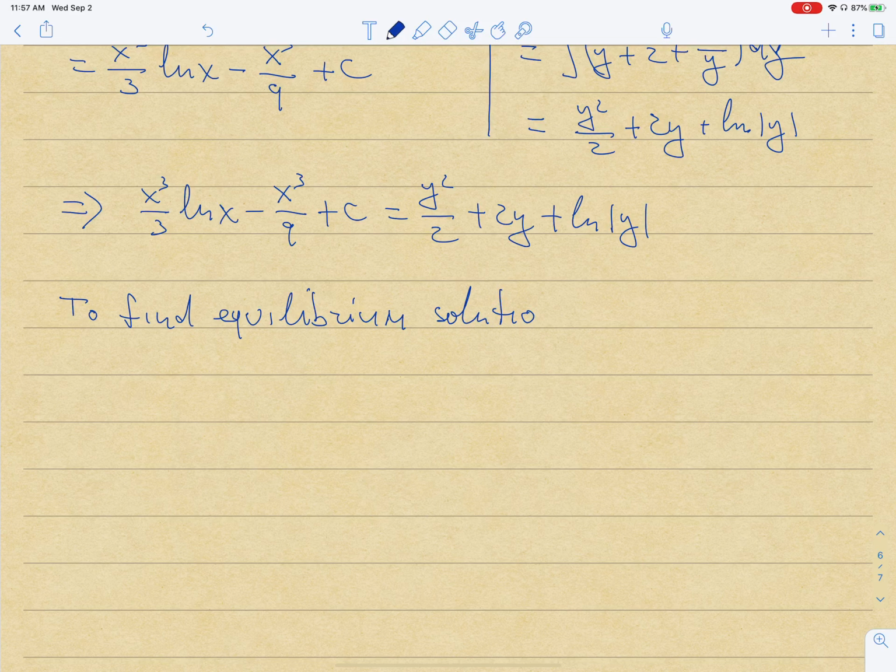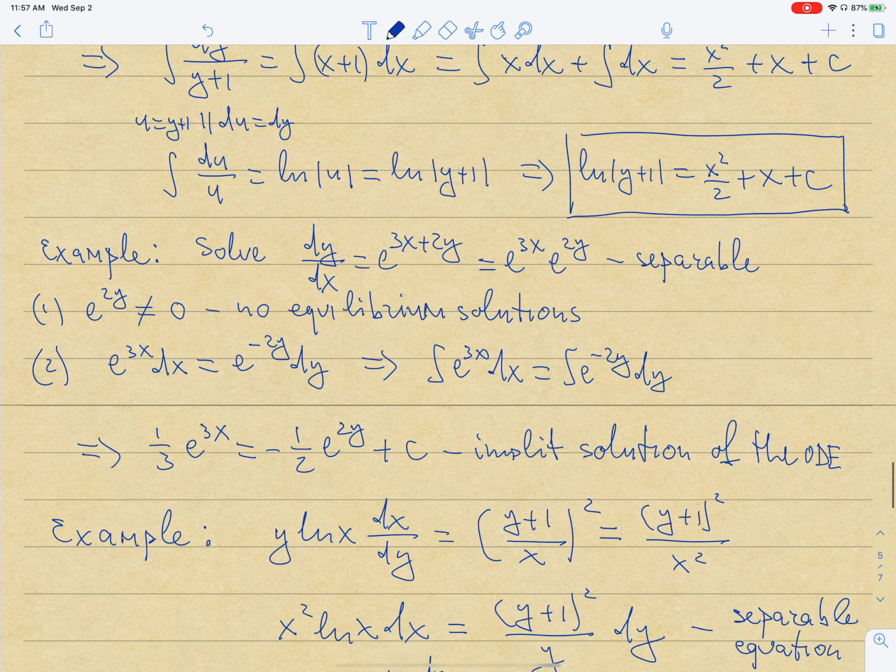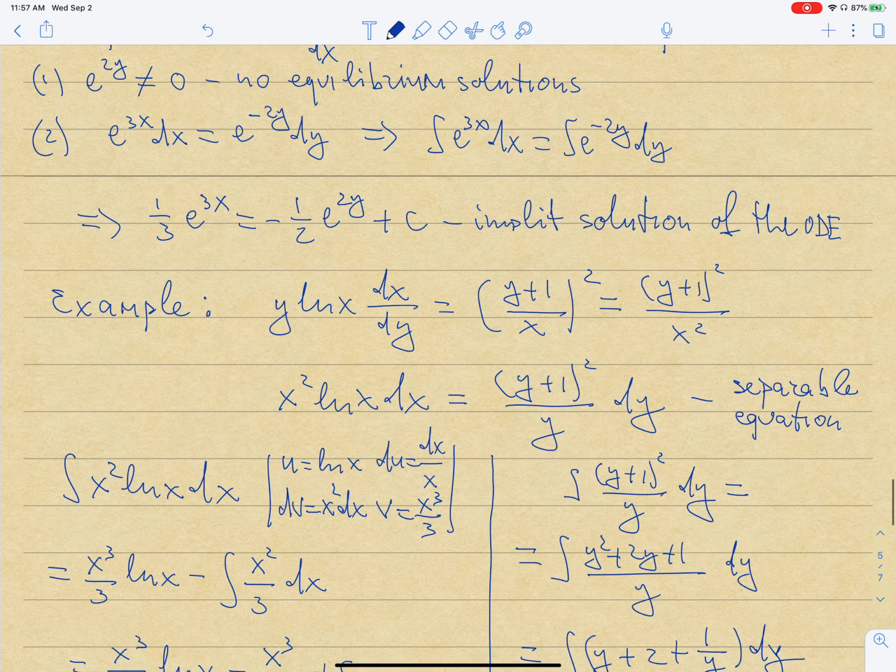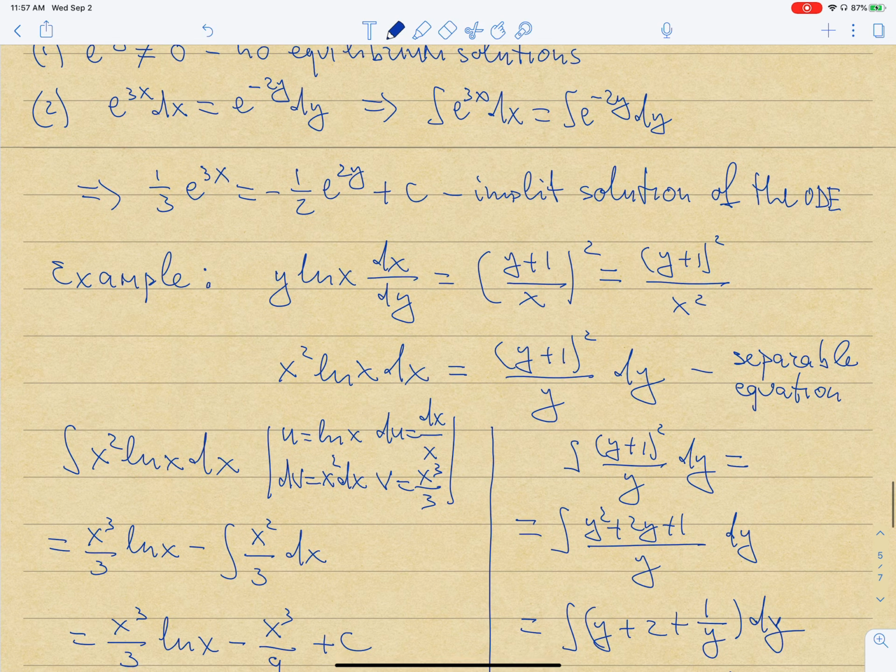I need to put this equation into a normal form, solving for the derivative. It will still be (y plus 1) squared over x squared, and y ln x goes onto the right-hand side.